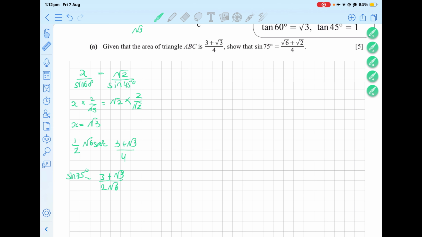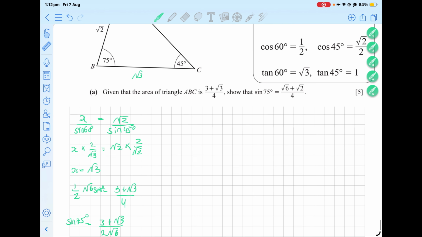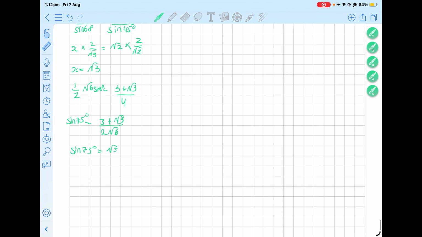So once you simplify this to sine 75 degrees, it is the root of 6 plus the root of 2 over 4. Why am I drawing an arrow? So the root of 4.